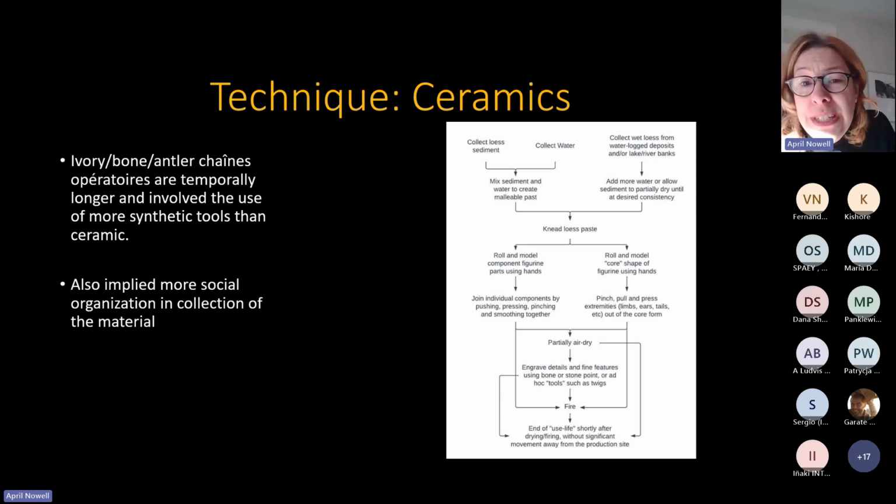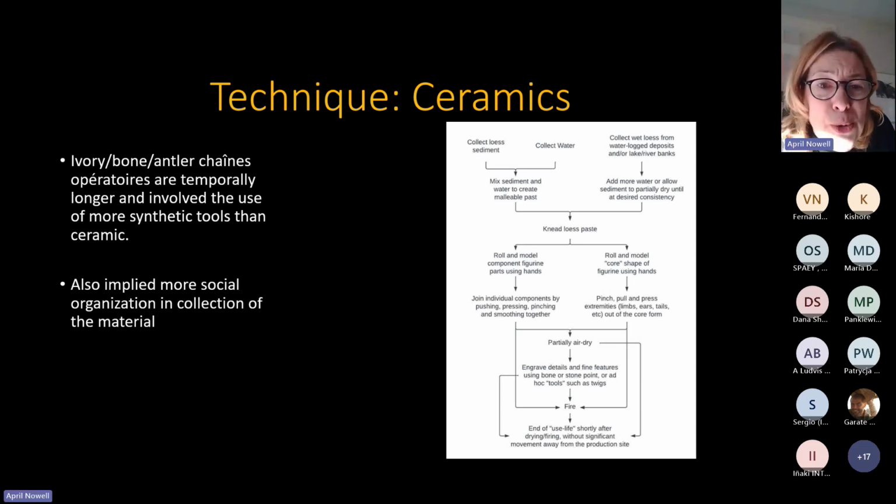You could probably do this as just one person, a single individual in the course of their everyday life could stop and collect some sediment on the site that is then later used to produce ceramics. This is something that could easily have been done by a child who's starting to learn the properties of the ceramic material, how to work it and so on. One of the first things they would probably do is be in charge of collecting that sediment.